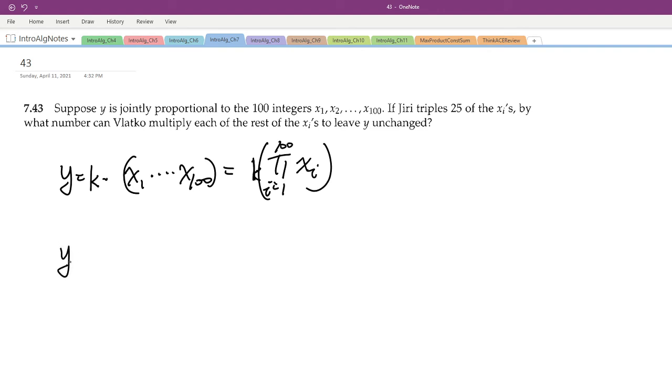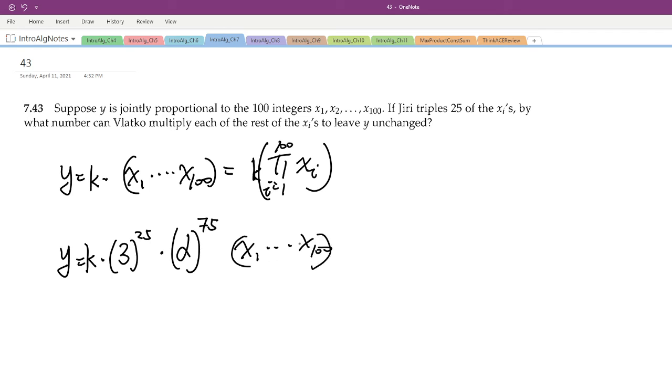So y also needs to be k times the product, right? We triple the 25 numbers of xi, and we must do the ratio of something else with the rest of the 75 data, then we can keep the product unchanged.